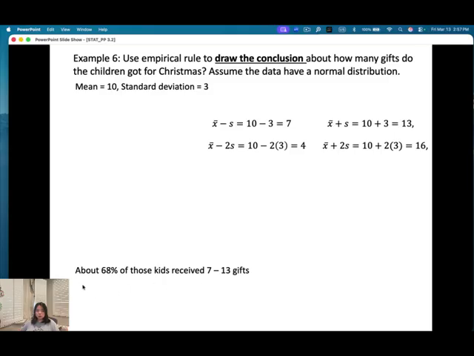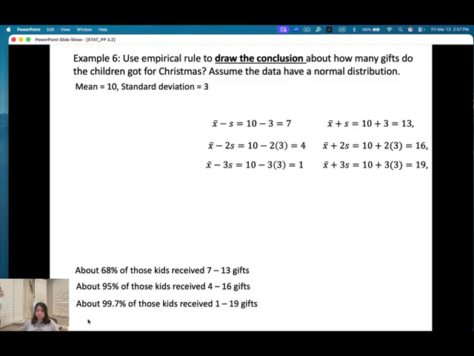So I could draw the conclusion: about 95% of those kids receive 4 to 16 gifts. Last one, plus or minus 3 standard deviations, and then draw the conclusion: about 99.7% of those kids receive 1 to 19 gifts.